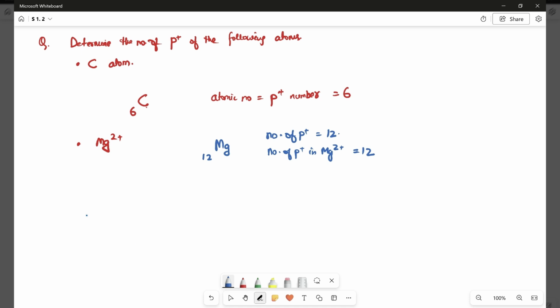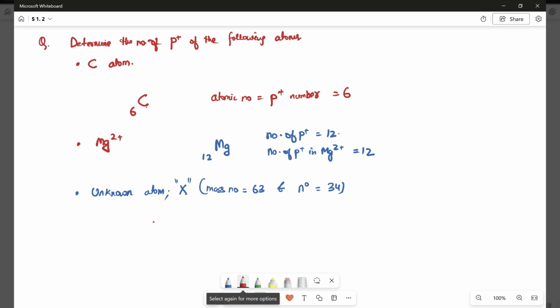Let's say there is an unknown atom, X, and the mass number is given. The mass number is, let's say, 63, and the neutron number is given as 34. How to find the protons? You have to use the formula here.